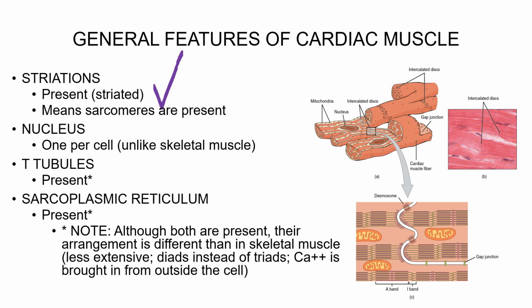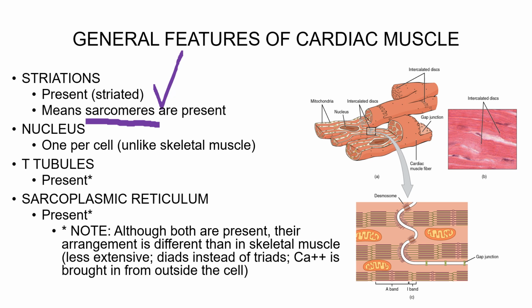Because we have that light, dark, we do have Z-discs. And if we have Z-discs, we do have sarcomeres. So the sarcomeres work the exact same way as skeletal muscle. They get pulled closer together, which causes contraction of the sarcomere, which will eventually cause contraction of the cell.